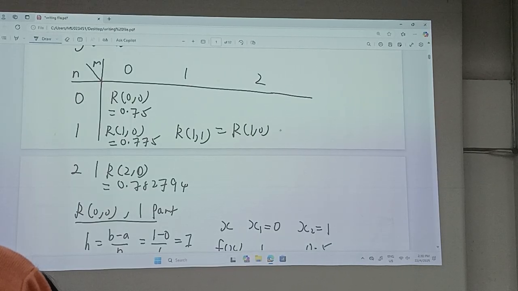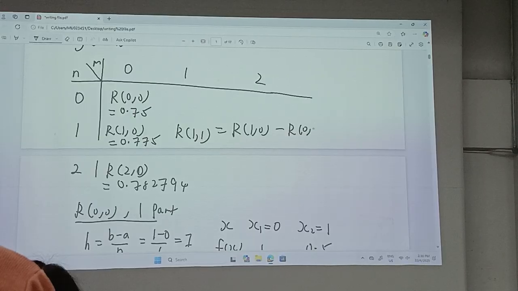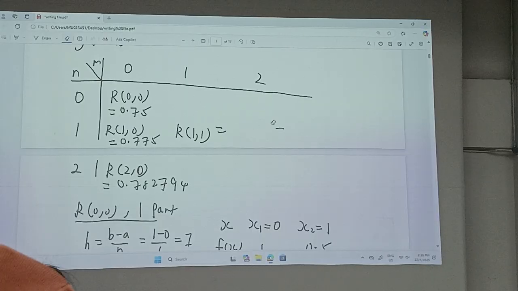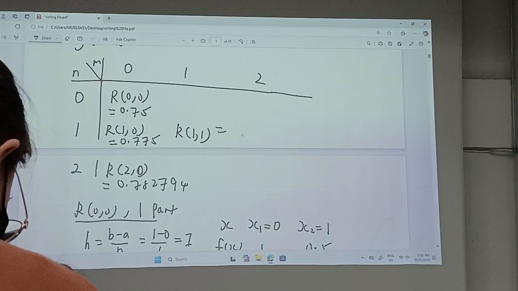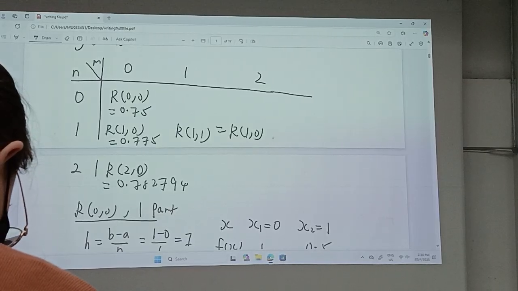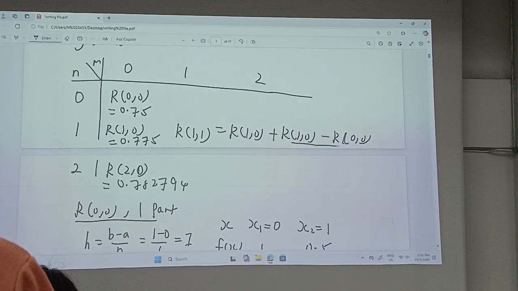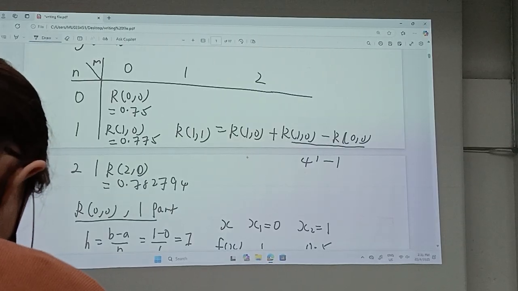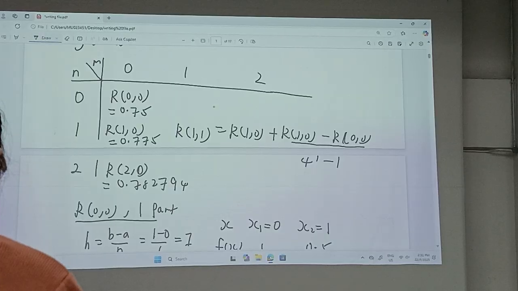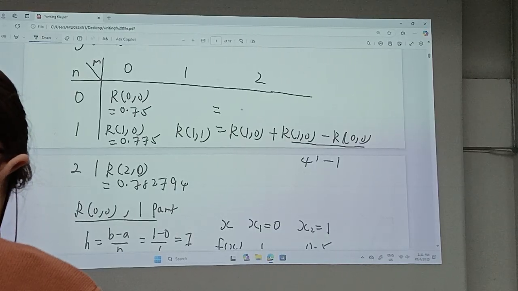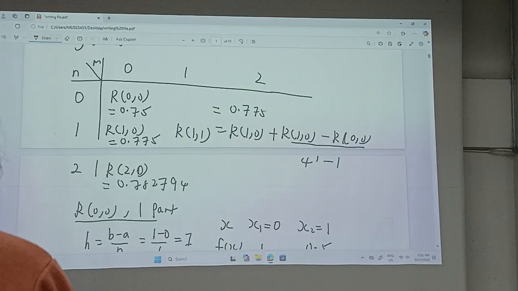R10 plus R10 minus R00 over 4 power n minus 1. What is the n value? 1. Okay, let's do it over here. So R10 equal to 0.775.